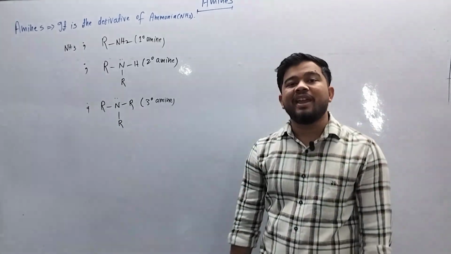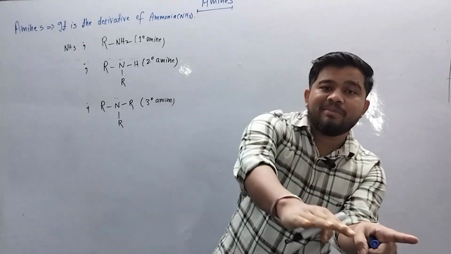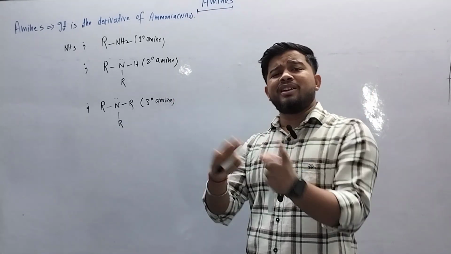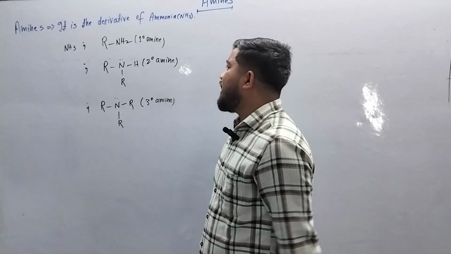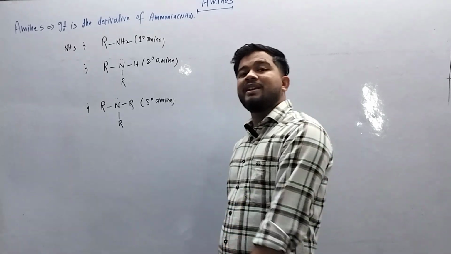In the same way, if hydrogen is replaced by either phenyl group or alkyl group, it will always be 1 degree, 2 degree, 3 degree, and so on. Okay, let us start from our method of preparation.